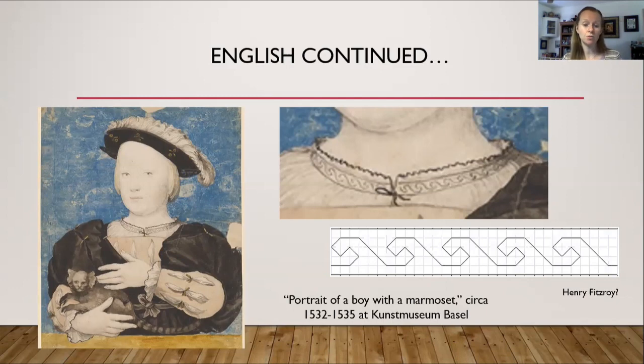But they have it between 1532 to 1535, which to me automatically rules out that it could be Edward VI, because Edward VI wasn't born yet. If memory serves correctly, he was born in 1537, because Anne Boleyn died in 1536.